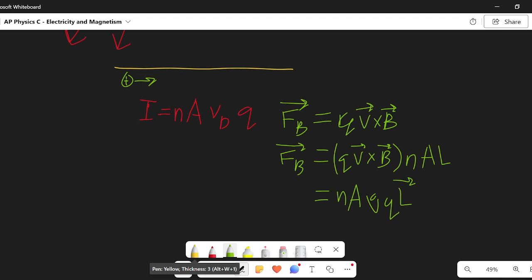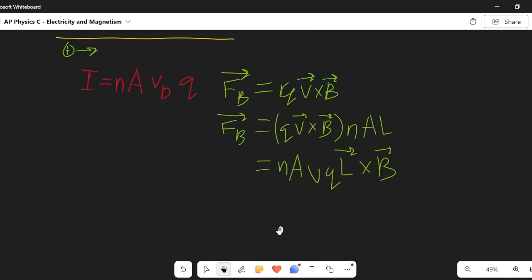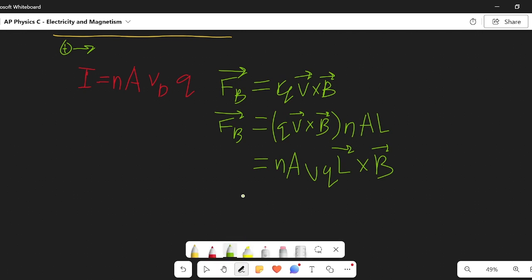Something like so, crossed with B. What you'll notice is that we can replace this whole thing with current, multiplied by the magnetic field.